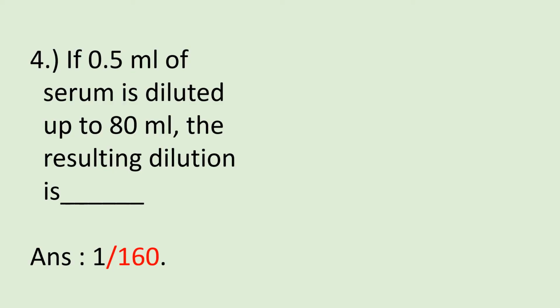If 0.5 ml of serum is diluted up to 80 ml, what is the resulting dilution? Okay, so this is what we are going to find out, the resulting dilution. Always remember that you have here the total volume 80 ml, because what is said here is up to 80 ml.